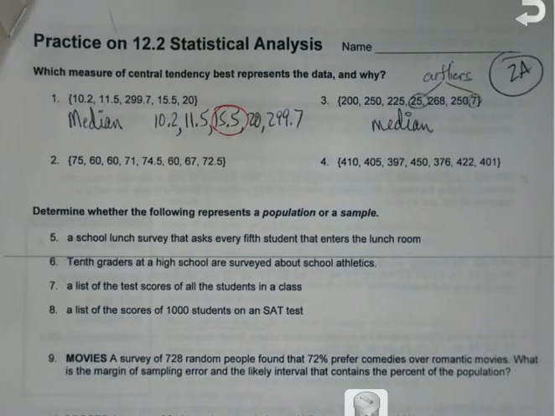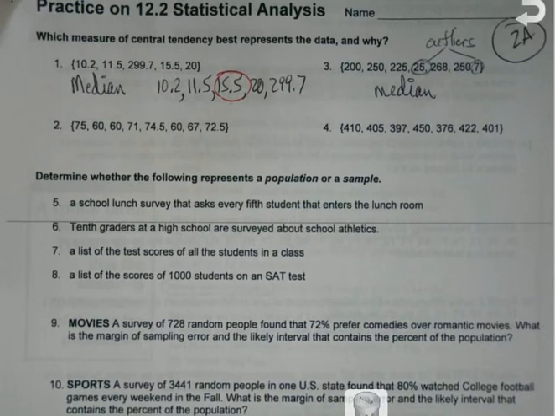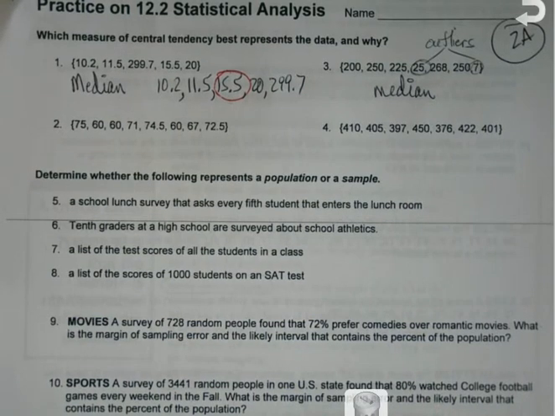What about if we talk population sample? What about number 6? 10th graders at a high school are surveyed about school athletics. Okay, it's going to depend on which way that you look at it.